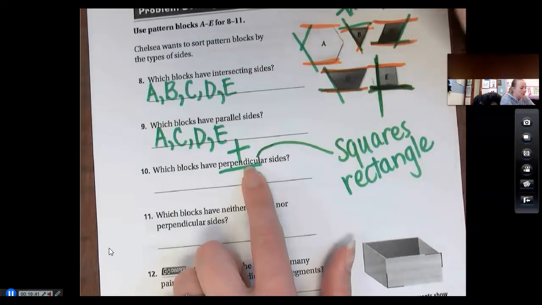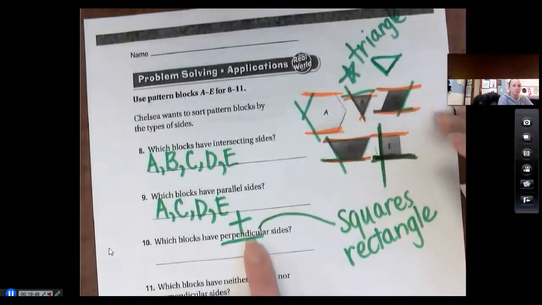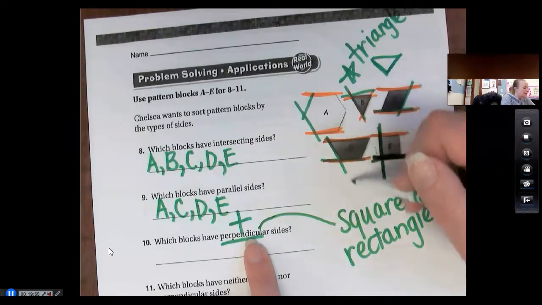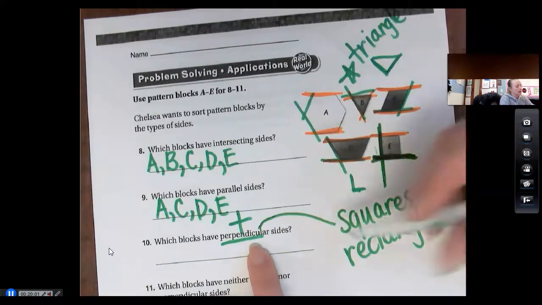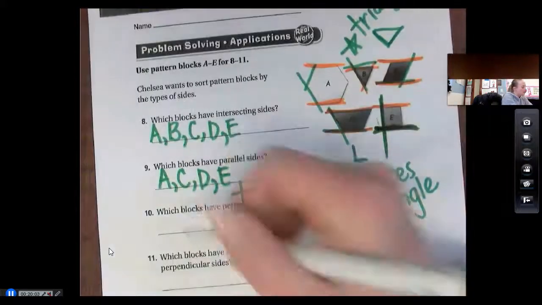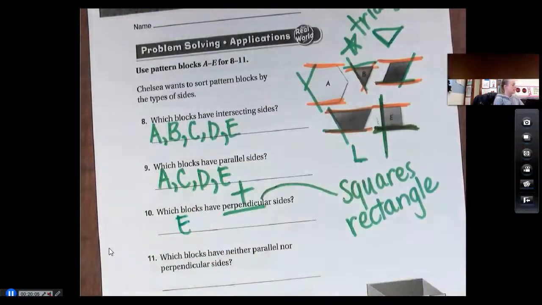It would have to have a perfect L like this to be perpendicular. This one does not. That is called a parallelogram. This is a trapezoid. Trapezoids sometimes have perpendicular sides. It depends if they have perfect L's or not. So, all the time, squares and rectangles would have perpendicular sides. So your correct answer there is E.